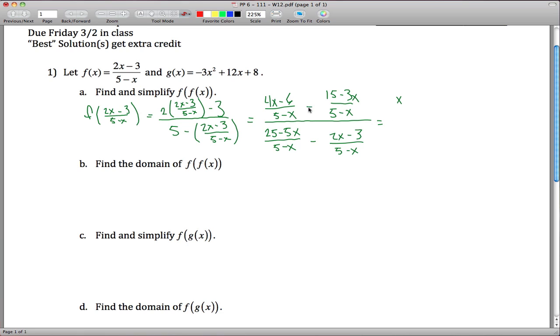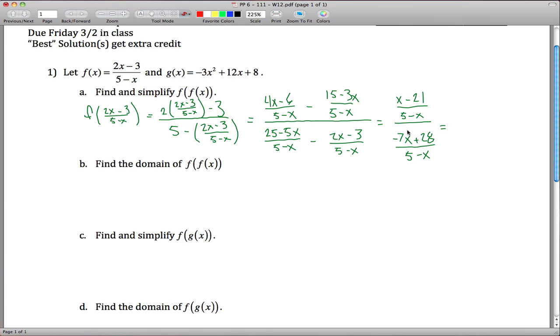Negative 6 minus 15 is negative 21, divided by 5 minus x. Let's see, negative 5x minus 2x is negative 7x. 25 minus negative 3 is 28, over my common denominator of 5 minus x.